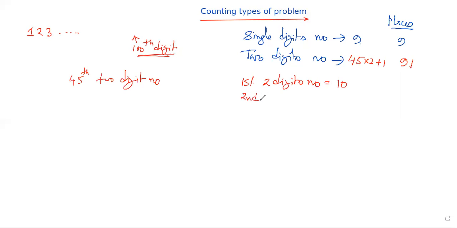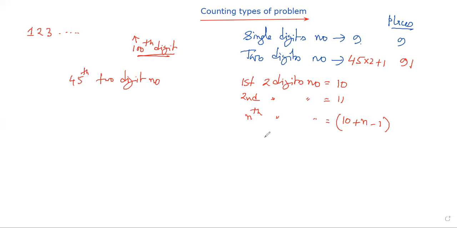Similarly, the second two digit number is 11. So the nth two digit number will be 10 plus n minus 1, because the second two digit number is 10 plus 2 minus 1, 11. This way I need to write.